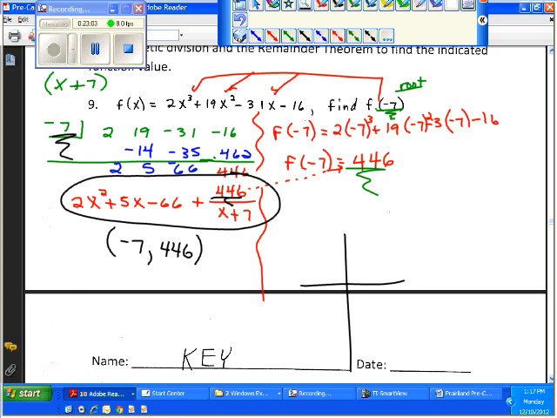So when you do synthetic division and you get that, don't chunk it. It may not be a 0, but it's a point on the graph, you see. You'll see why I'm telling you that later. But we did create an ordered pair, okay? So that is the function value at x is negative 7, which is an ordered pair.